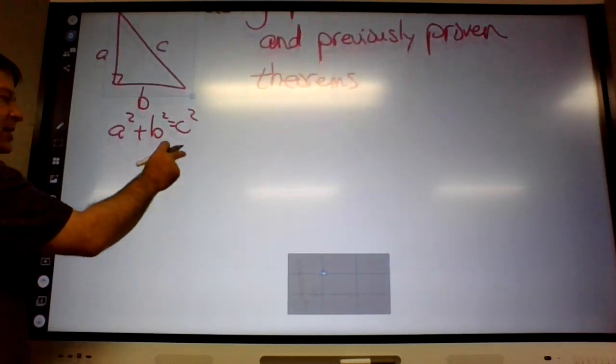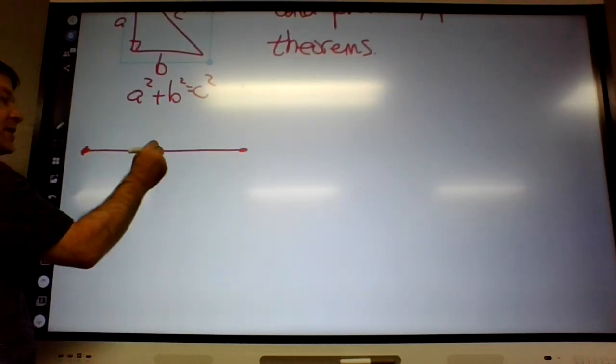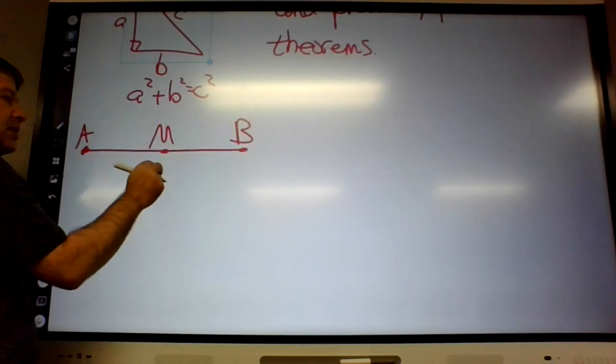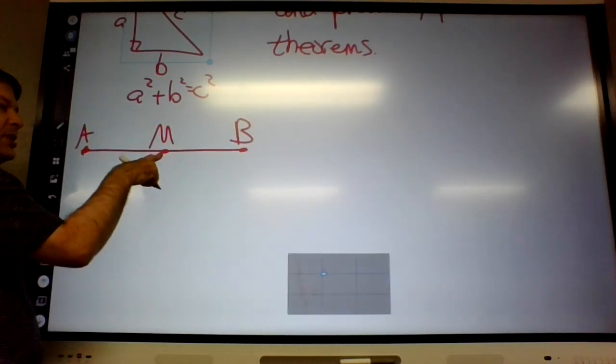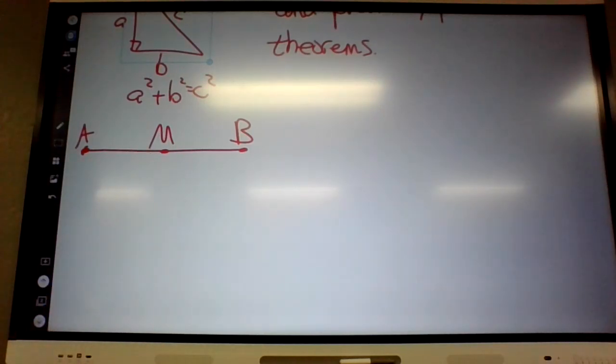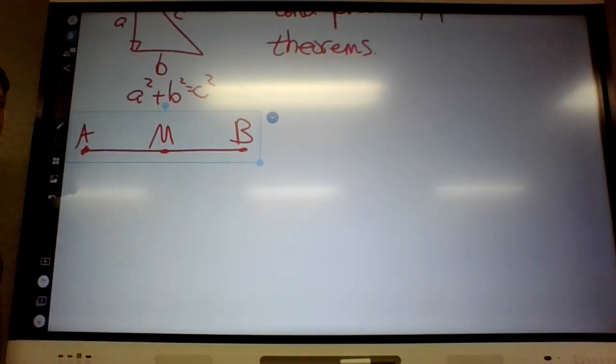Another one, here's a more basic one. And this one's based off of a definition. Midpoint. If M is the midpoint of AB, what do you think that means?